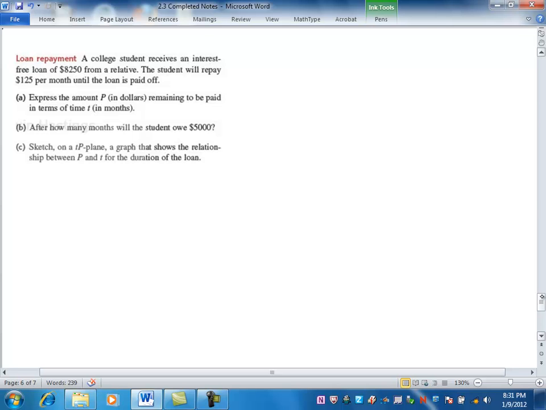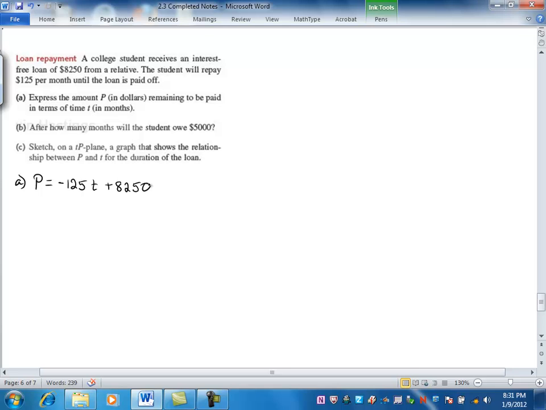Express the amount P in dollars remaining to be paid in terms of the time in months. Well, folks, we're going to deduct $125 every month from the $8,250 that we start out with.